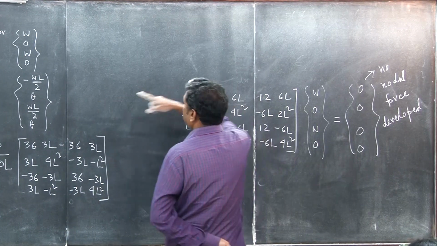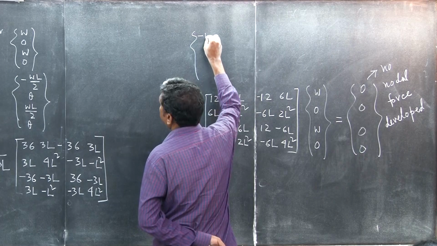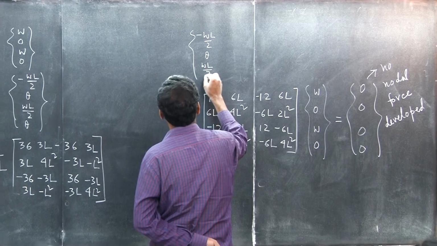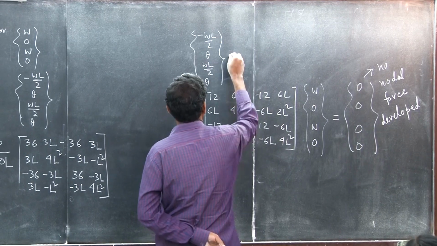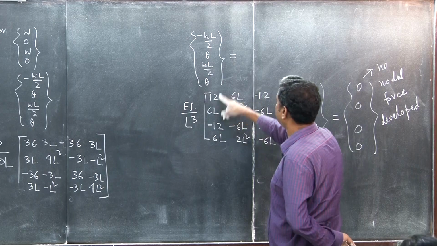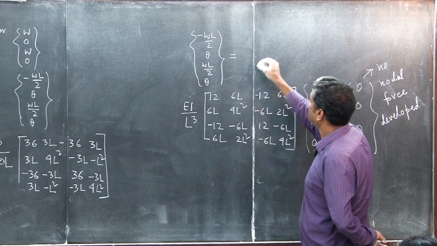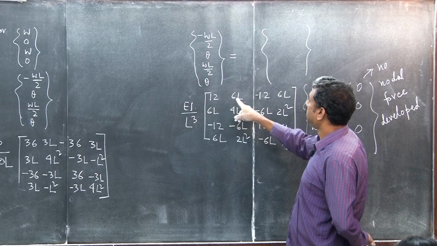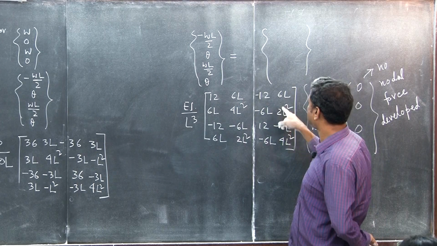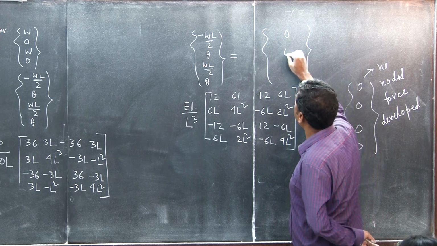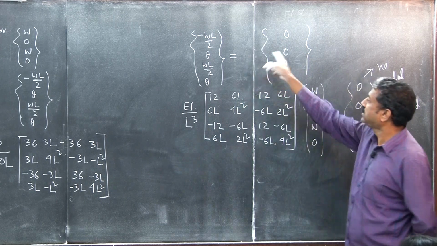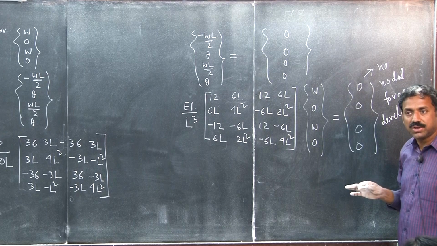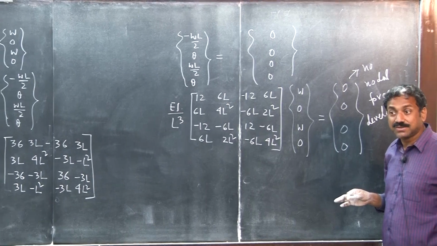If we put minus WL by 2 theta, WL by 2 theta, what is happening? 12 minus WL, you please see that, and 6L theta minus 6L theta, this will be all 0. Multiply this with this, it will all be 0. So in both the rigid body modes it is not developing any nodal resisting force.